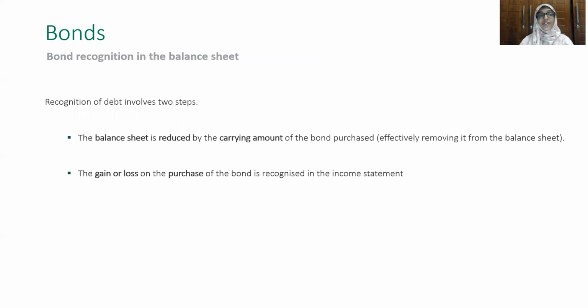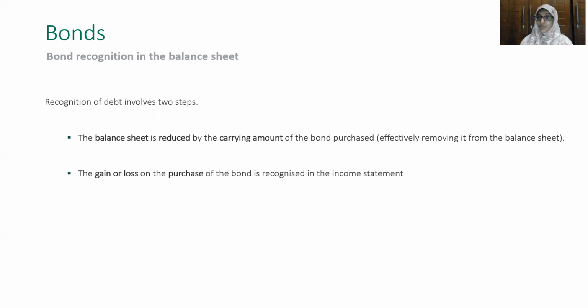Now let's talk about the bond recognition in the balance sheet. How do we recognize this in a balance sheet? This involves two steps. The initial step is that generally the balance sheet is reduced by the carrying value of the bond purchased. So effectively we remove the carrying value of the bond from the balance sheet. And then if there is a gain or a loss on the purchase of the bond, it is recognized in the income statement.